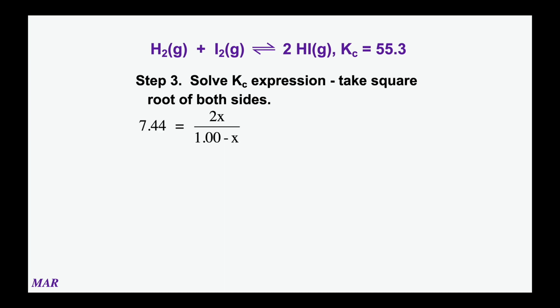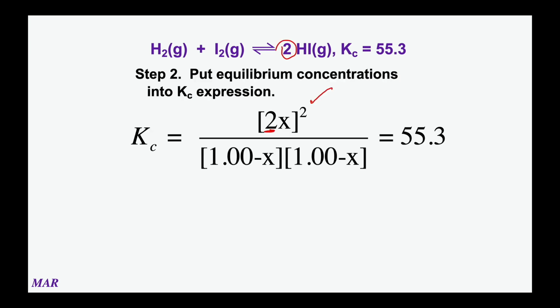In this kind of problem, what I would do is take the square root of both sides, all right? Let me show that old equation one more time. Here it is again. Notice that it's like 2x quantity squared over 1 minus x quantity squared. So if I rewrite that, it would be (2x)^2 divided by (1 minus x)^2 equals 55.3.